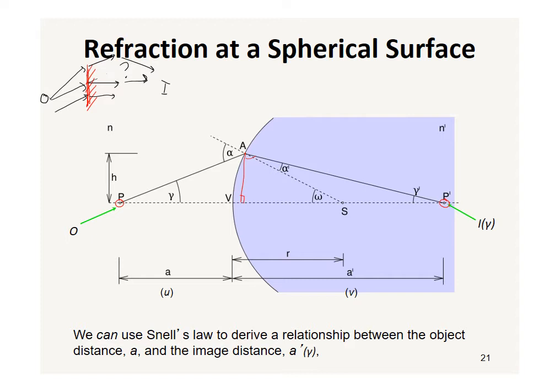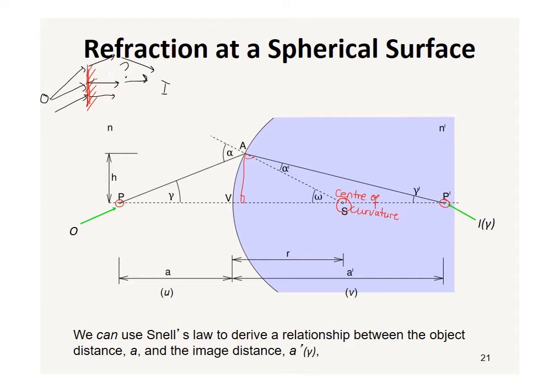While I'm here, I'll also introduce this idea. This one at the moment is called S, but what I want you to understand is that this one is called the center of curvature. So if you were to fit a sphere all the way around, then that would be the center of the sphere there.